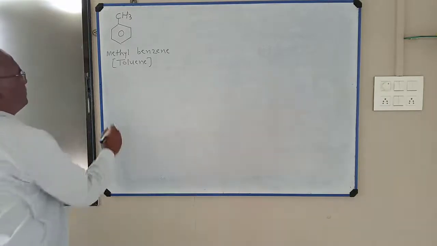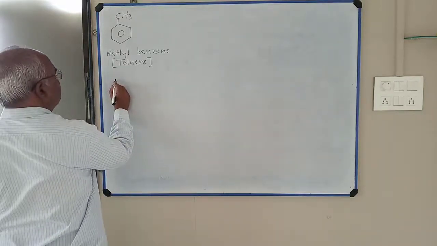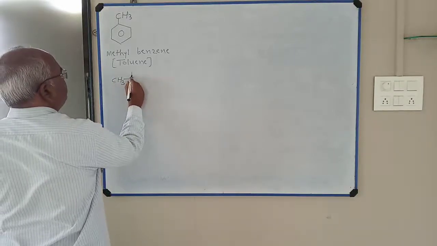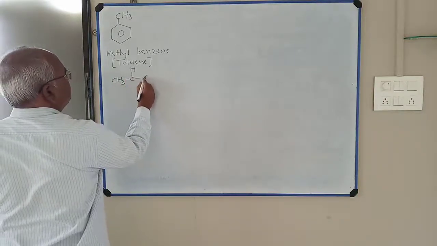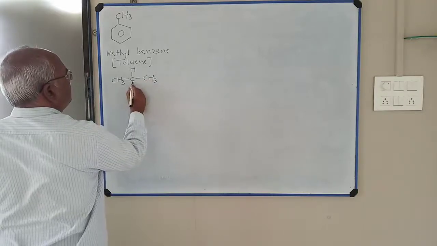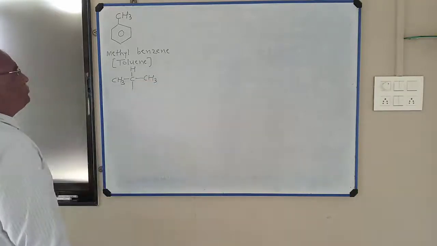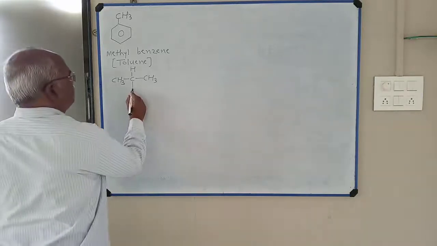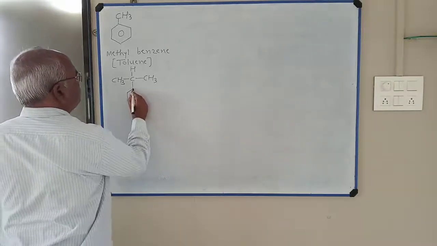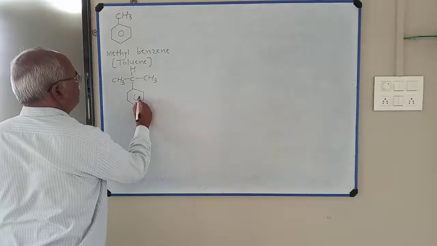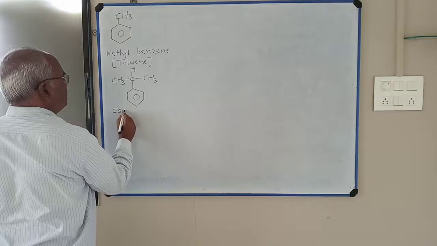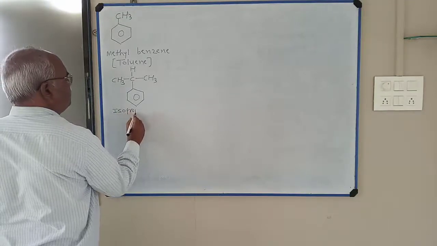Second example I want to write here, CH3 single bond CH CH3. This is an isopropyl group, and to this isopropyl group a phenyl group is attached. So the name of the compound is isopropyl benzene.